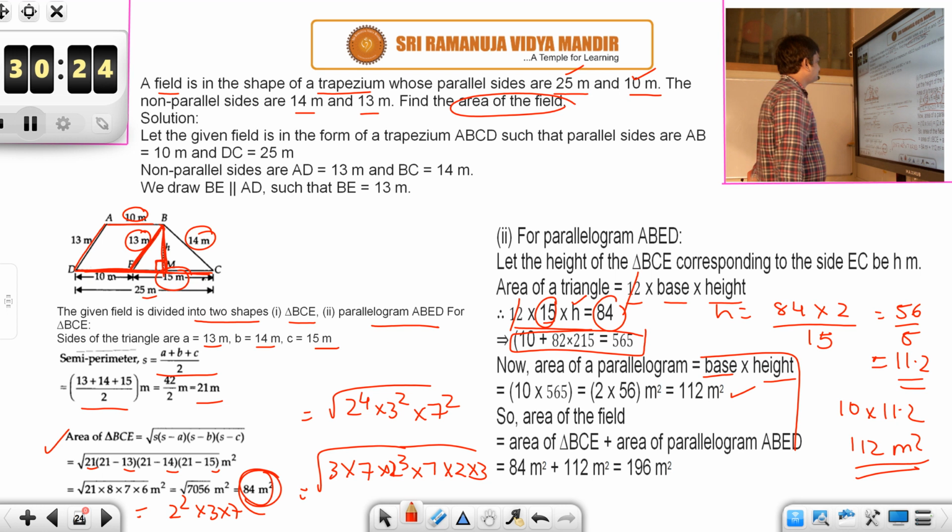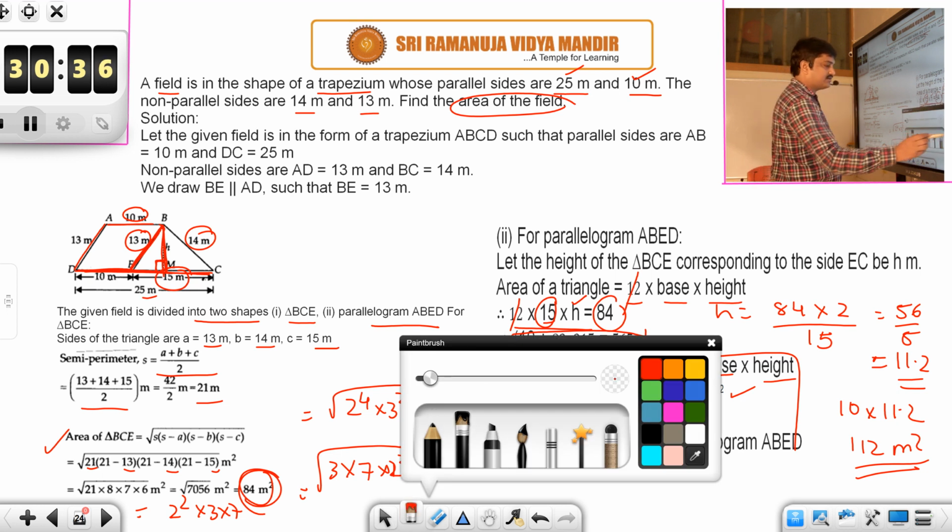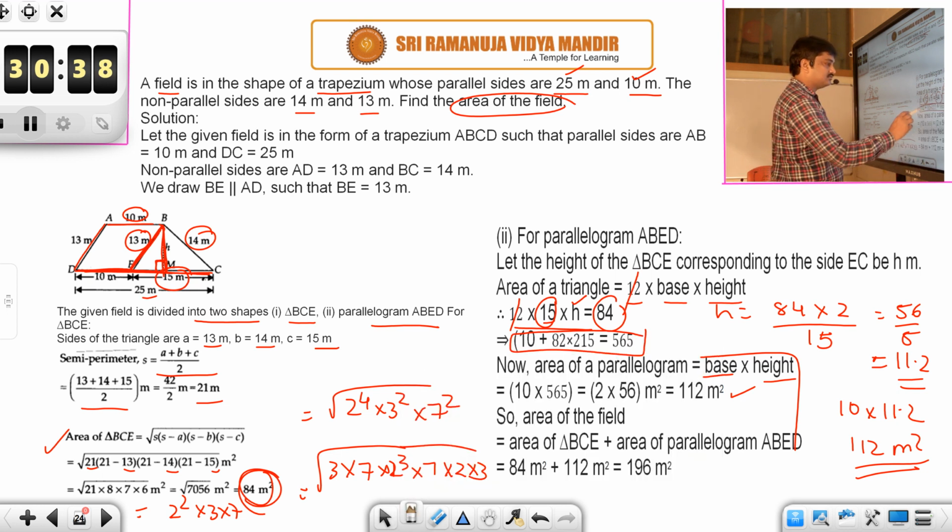So this is how you could calculate this. Okay guys, just ignore the calculations I have shown over here. How did we calculate the area of the parallelogram?